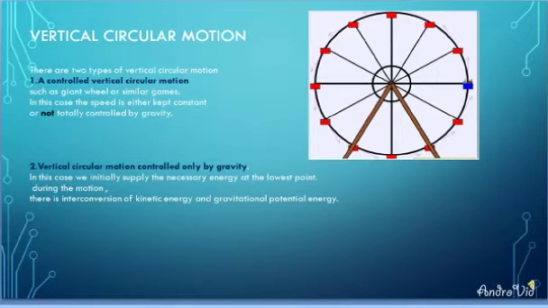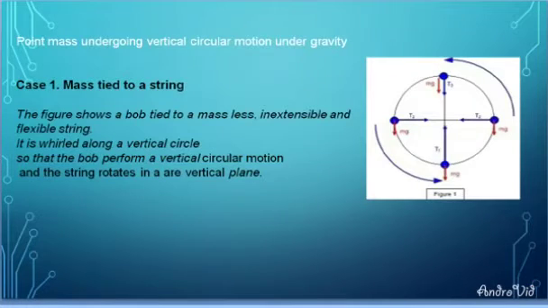Now see what we have to study under this concept of vertical circular motion. A point mass undergoing vertical circular motion under gravity has two cases. Case 1 is a mass tied to a string, and case 2 is a mass tied to a rigid rod.